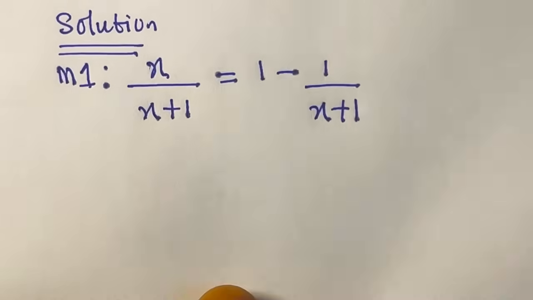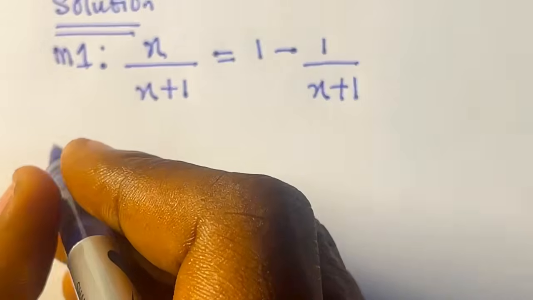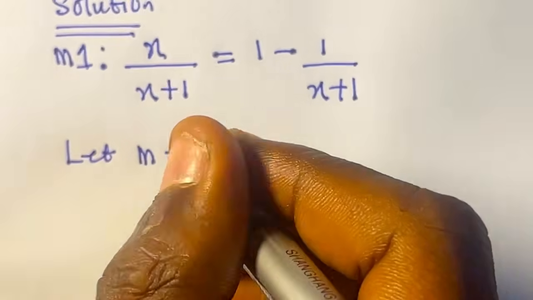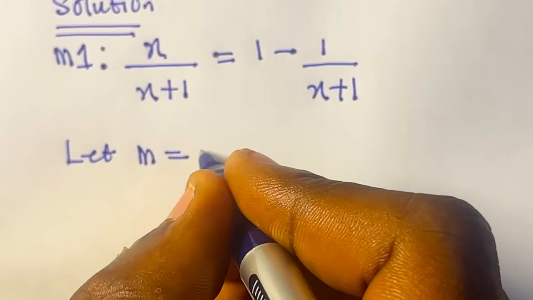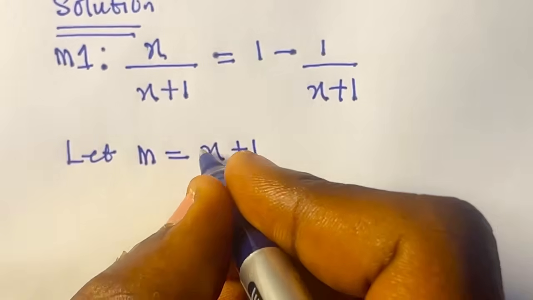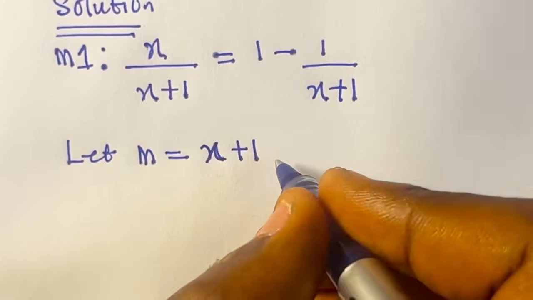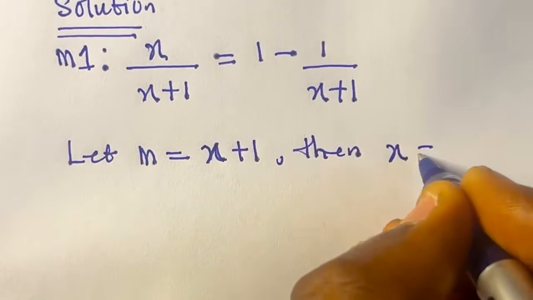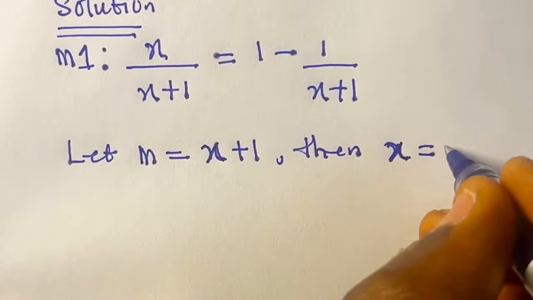From here, we let m equal the denominator, which is x plus 1. Then we have x equals m minus 1.